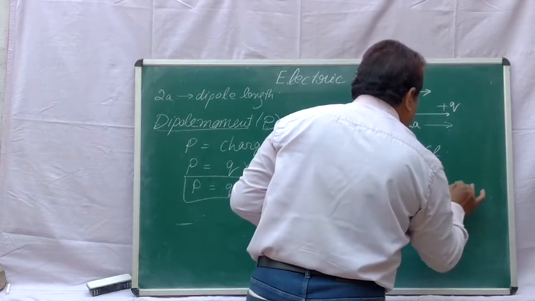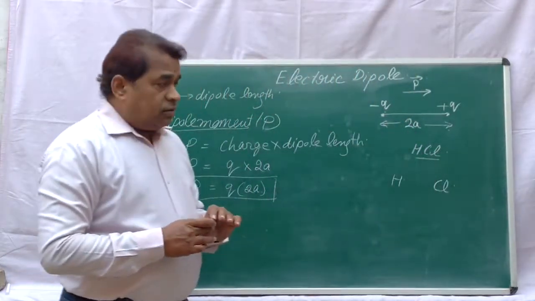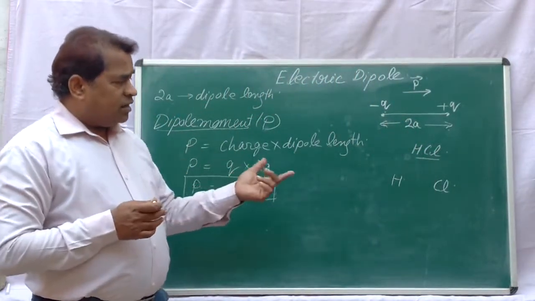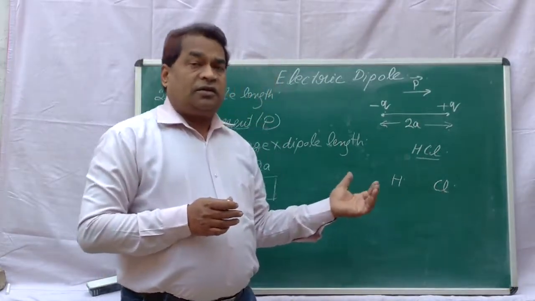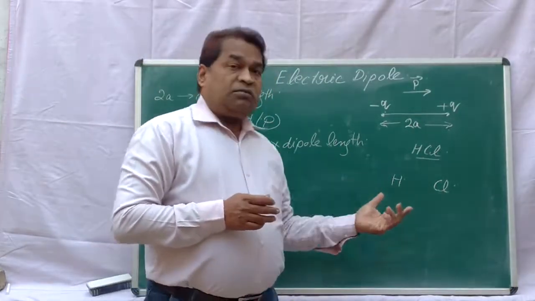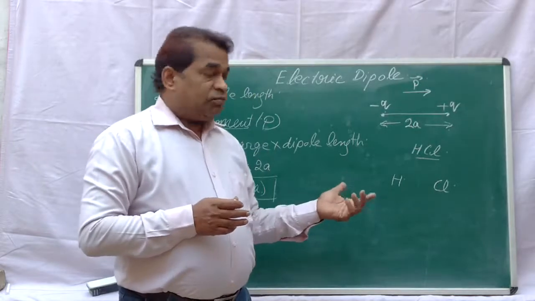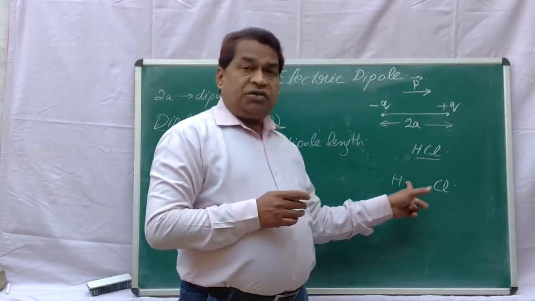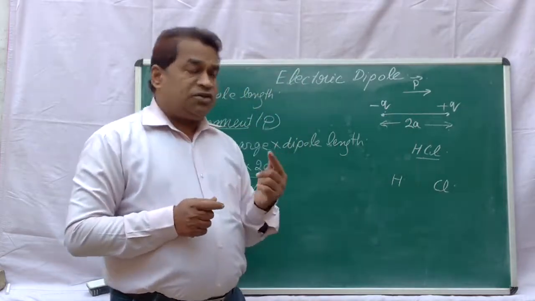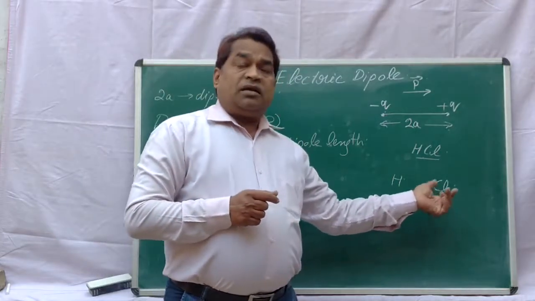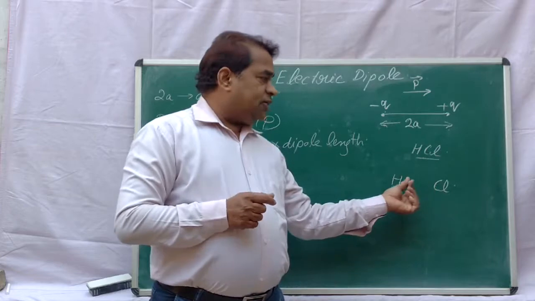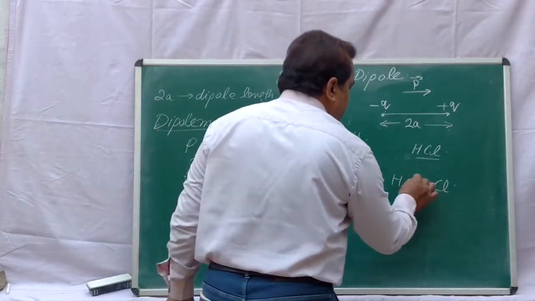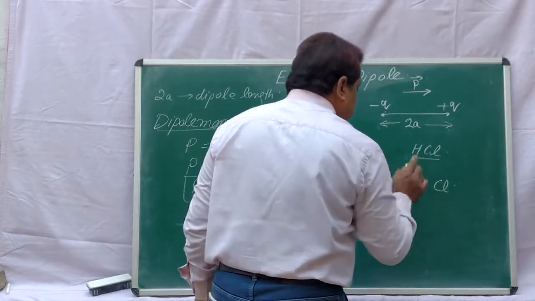Hydrogen shares one of its electrons, while chlorine also shares one electron, so there are 2 electrons between them.